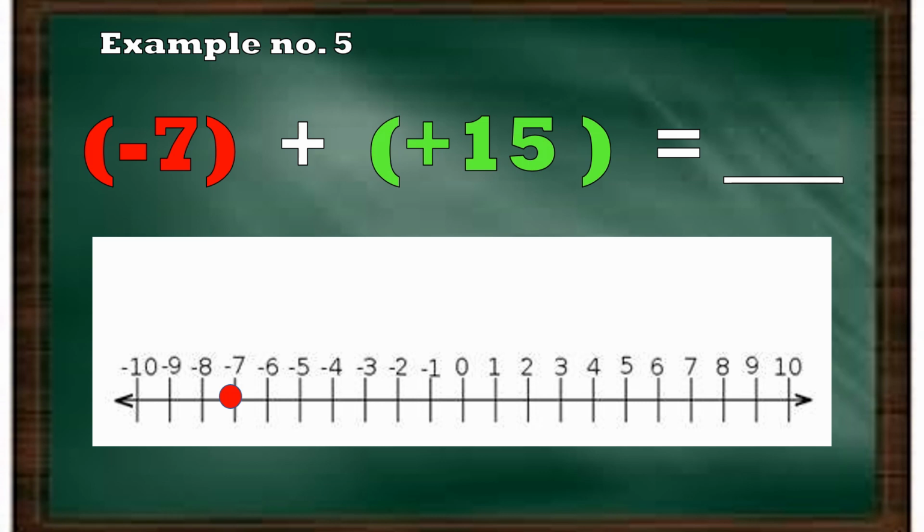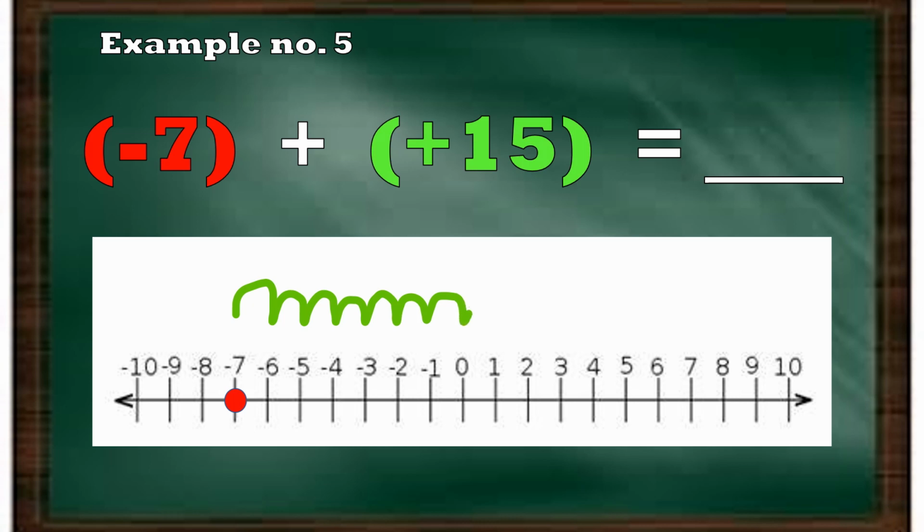And since 15 is a positive integer, we will move 15 steps to the right. 1, 2, 3, 4, 5, 6, 7, 8, 9, 10, 11, 12, 13, 14, 15. And it landed on positive 8. So the answer of negative 7 plus positive 15 is positive 8.